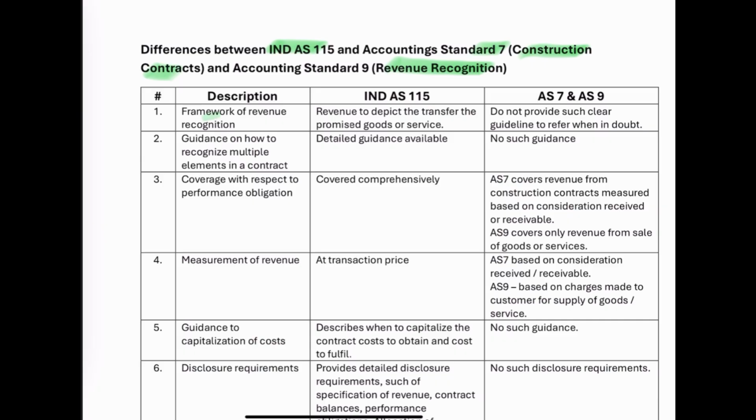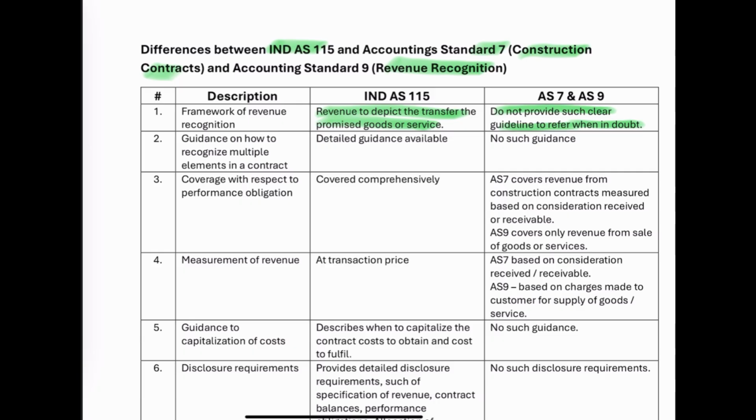From the framework of revenue recognition perspective, Ind AS 115 provides a detailed description on how to recognize revenue, based on the transfer of the promised goods or services. This is a very detailed guideline available under Ind AS 115. But accounting standard 7 and accounting standard 9 do not give any clear guideline to refer to when you are in doubt.